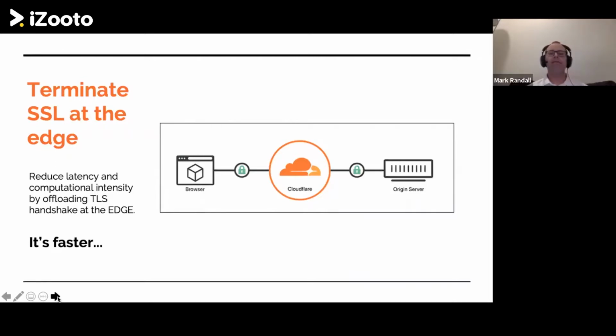Essentially the handshake that a secure certificate does is done at the edge network, not on your server. All these little things add up, right? It's like a sales funnel. Everyone says if you can make a 5% improvement at 5 different layers of a sales funnel, you're going to get a 500% improvement in sales. All those little changes multiply out and really add up.